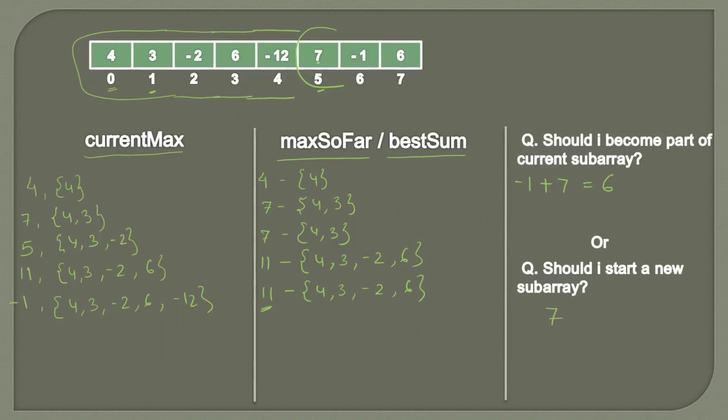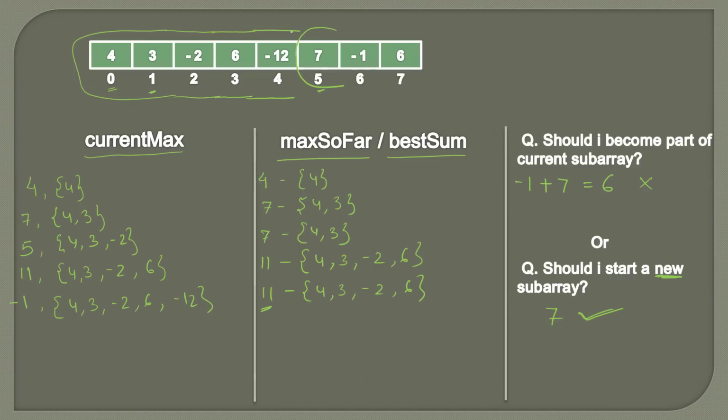So this element thinks that okay, I should not go with the current subarray because it is giving us sum only 6. But if I start my own, it will be a maximum sum of 7. So here is the critical step where the current element decides that okay, I won't go with the current subarray, I will start my own subarray, which is a new subarray.